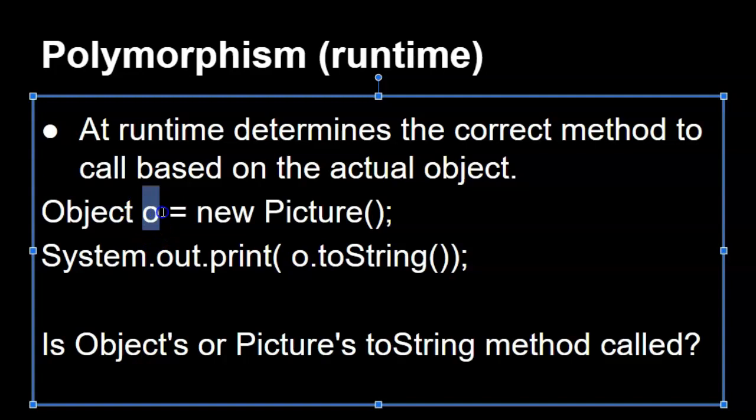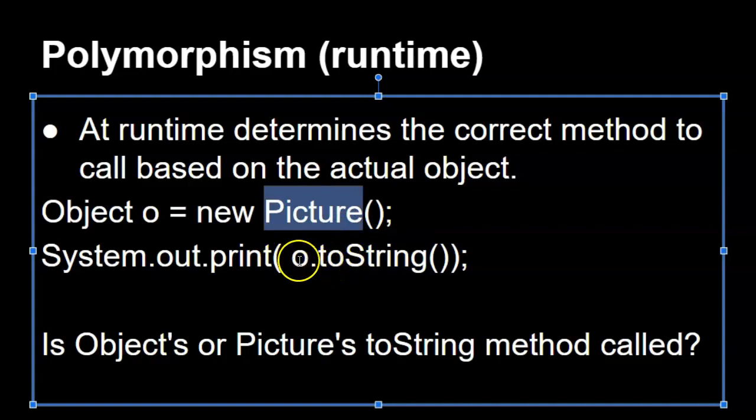Now, the question is, so within o is a reference to a picture object. And if in this line of code we call the toString method, does it call object's toString, or does it call picture's toString?